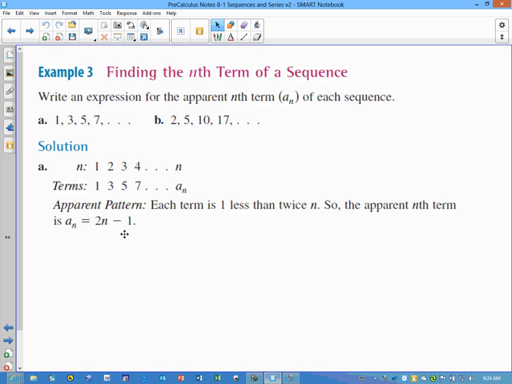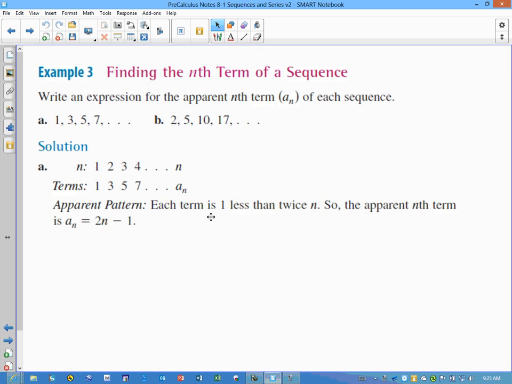Now, hopefully you know already that the general term for an odd number can be written as 2n plus 1 or 2n minus 1. And in this case, the 2n minus 1 is the one that works, because if n is 1, then 2 times n plus 1 would be 3, and 2 times n minus 1 would be 1.